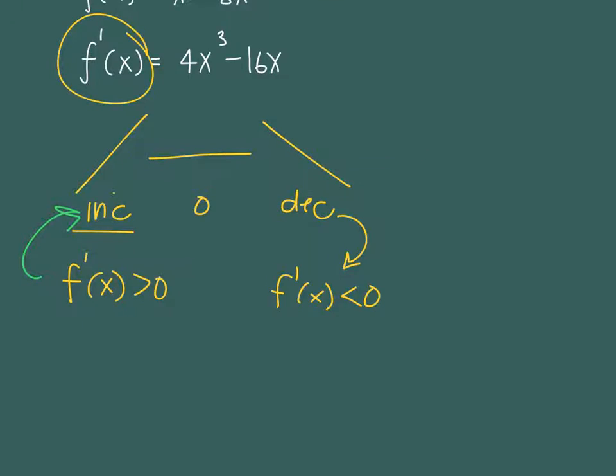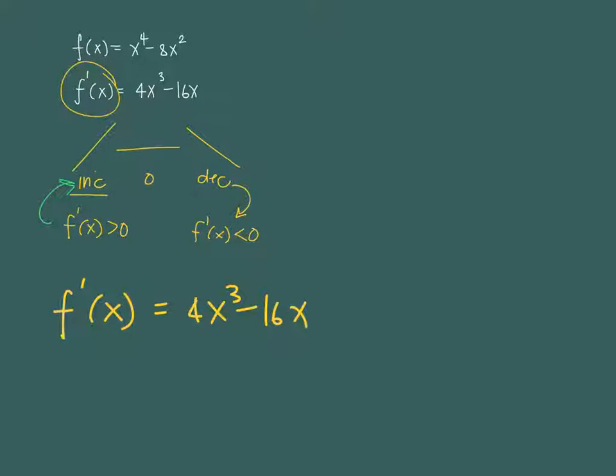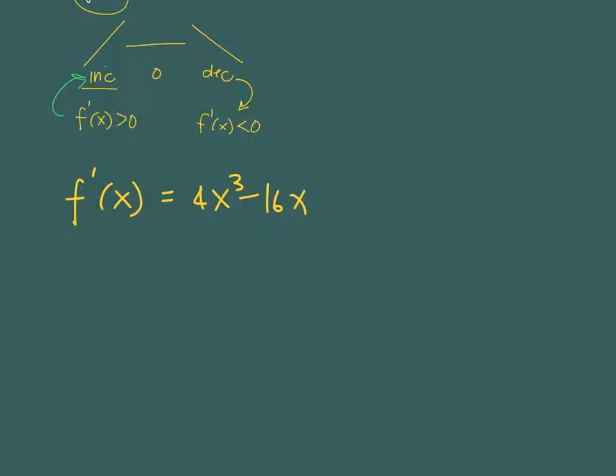So using our example, f prime of x is equal to 4x cubed minus 16x as the derivative. We first find the critical points, because at those values we will be changing maybe from positive to negative or negative to positive, or sometimes no changes at all.